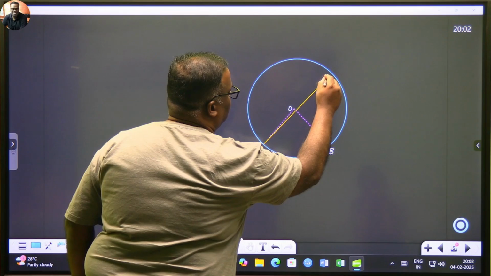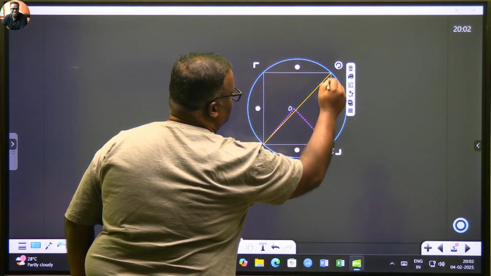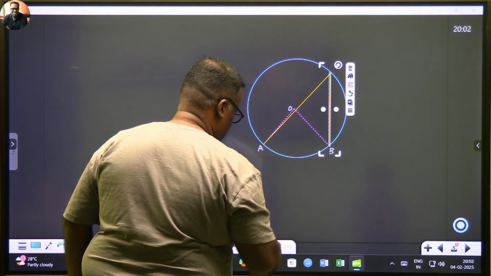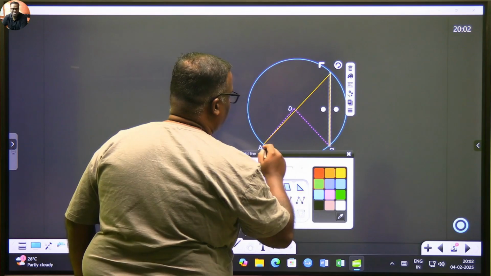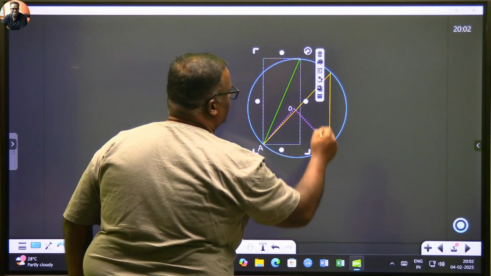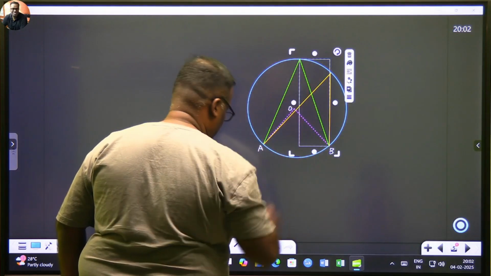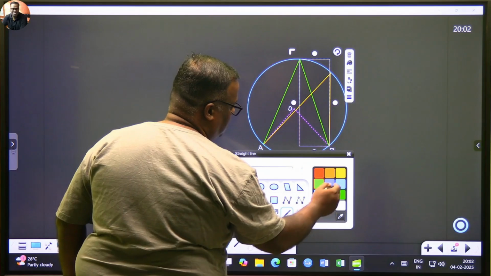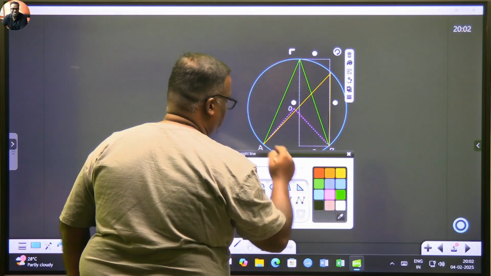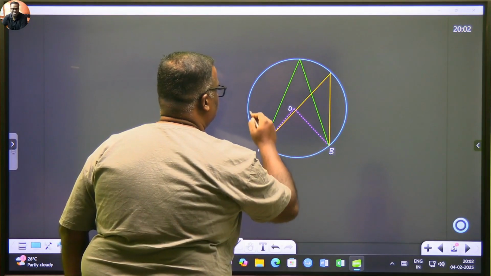First criteria, my P point is here. Nobody can stop me. It can be here. Second criteria, my P point is somewhere here. Third criteria, my P point can be somewhere here also.